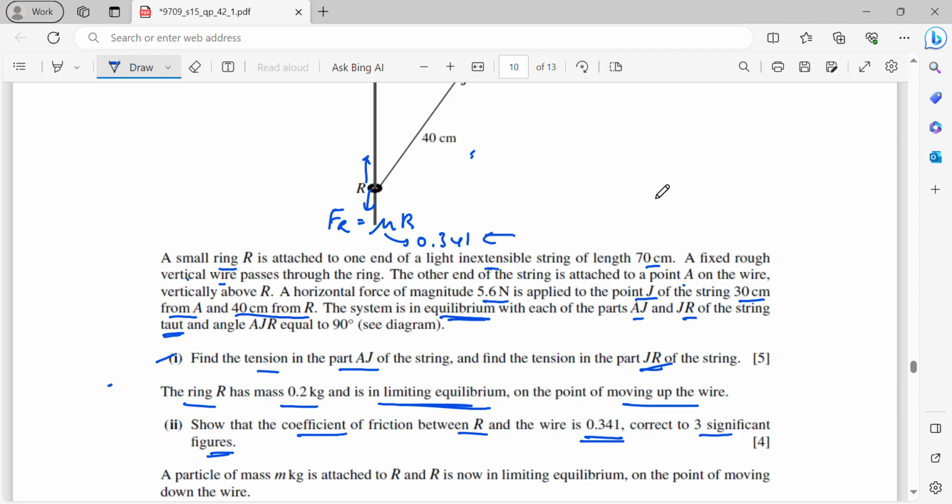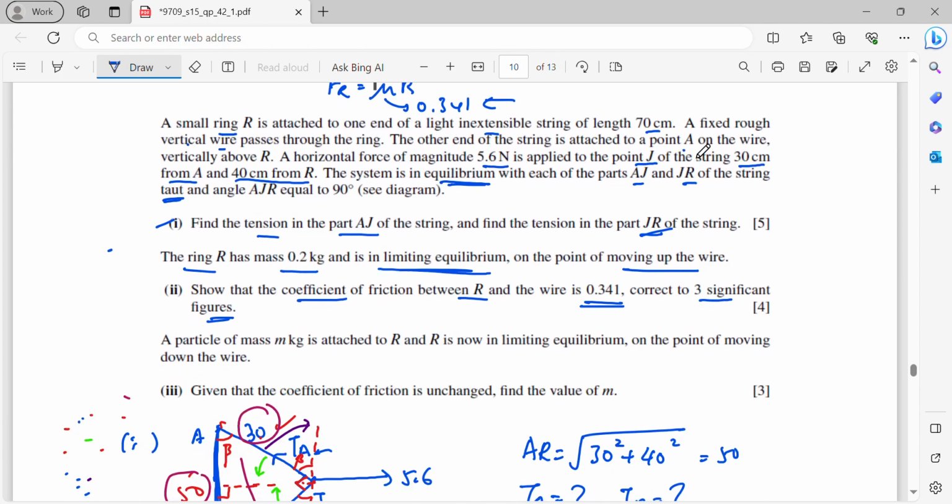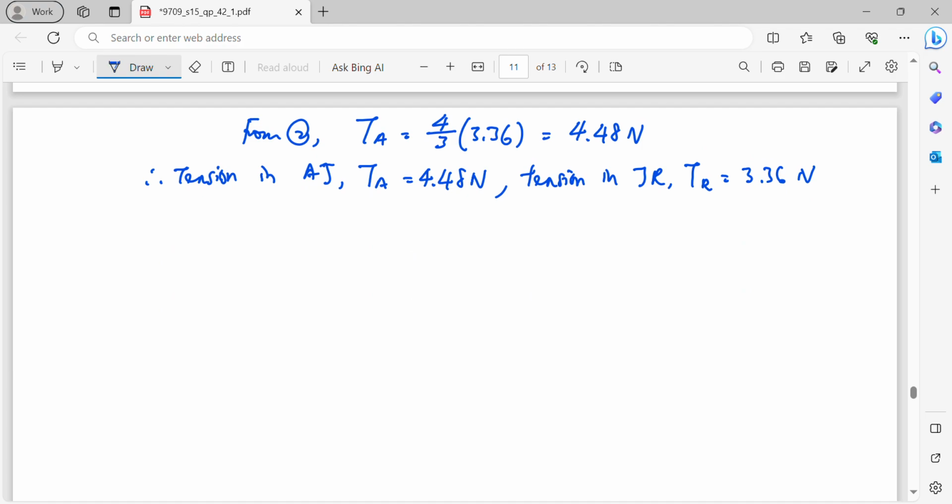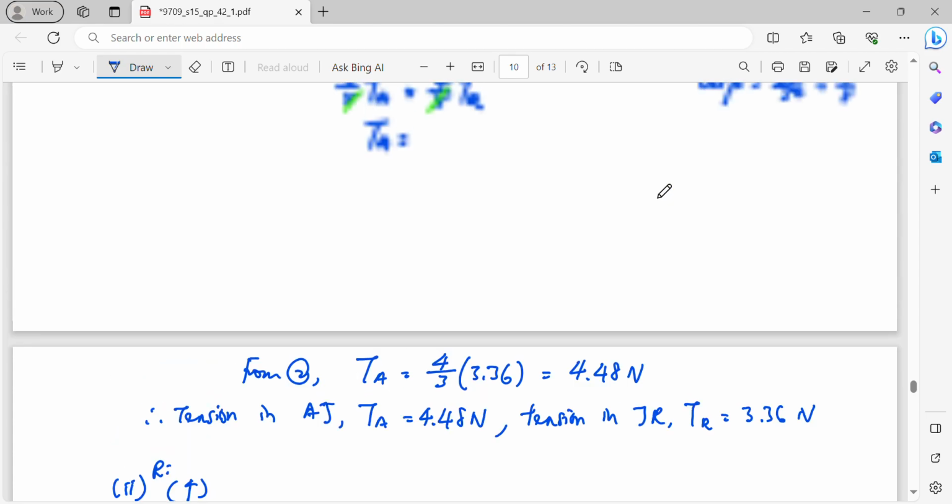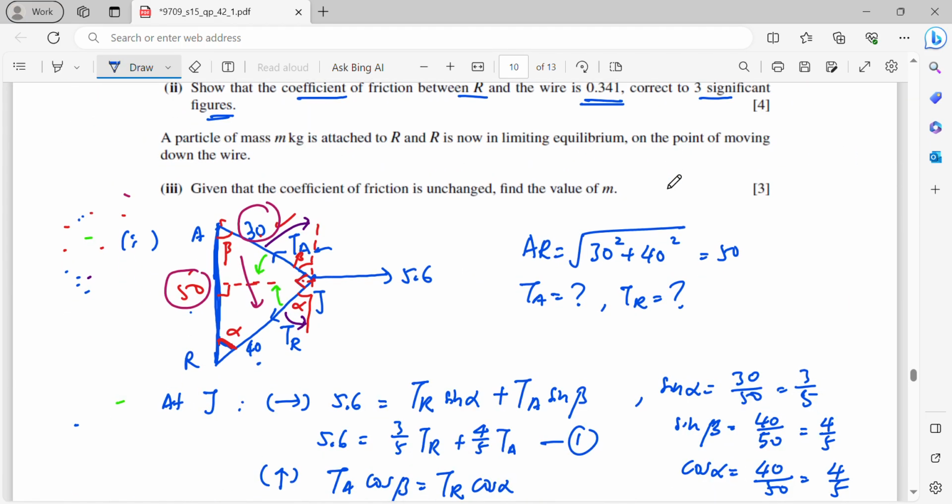Okay, so what I need to do here is resolve vertically at the point R. So for the second part, this is at the point R, so I will get TR cos alpha. Okay, probably I will refer back to this diagram. I have the ring here. This is the ring.